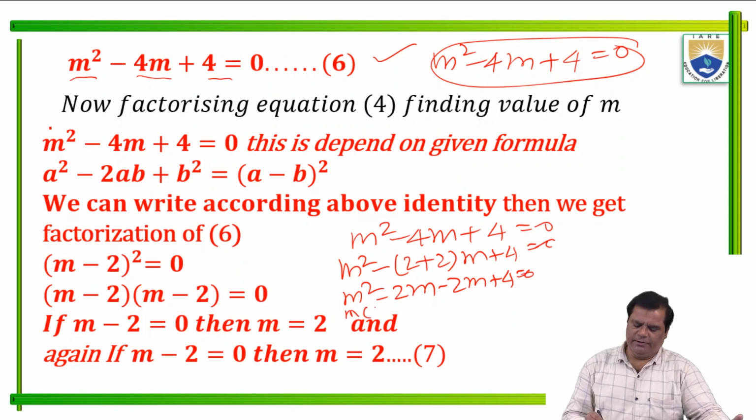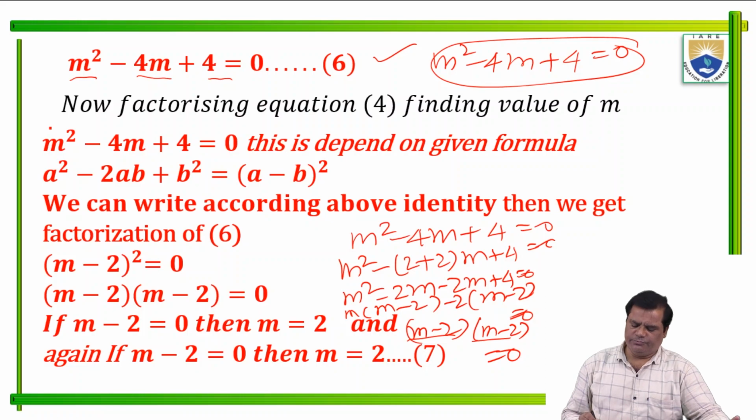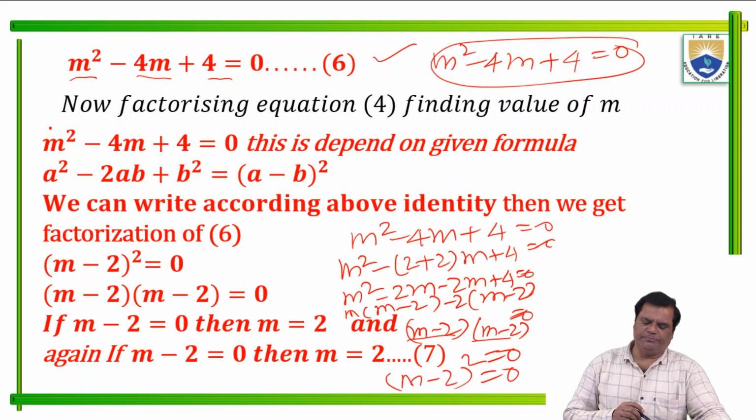Here m is common in the first two terms and −2 in the last two, so (m − 2)(m − 2) = 0. Both factors are the same, so we can write (m − 2)² = 0.